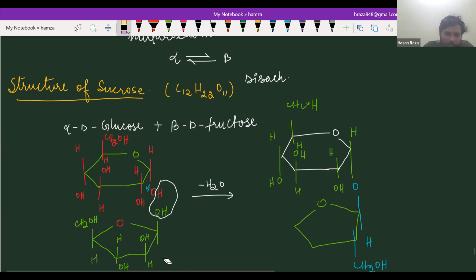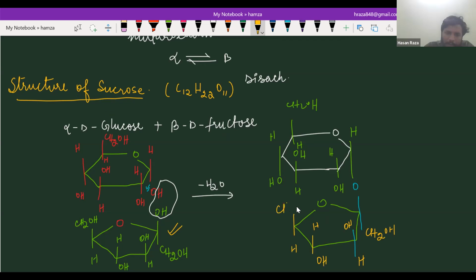Wait a minute, I made a mistake here. This is CH2OH, because this is the structure of fructose. I just mistakenly wrote H here, and then HOH, and then HOH, and the rest will be the same CH2OH. This is known as glycosidic linkage.